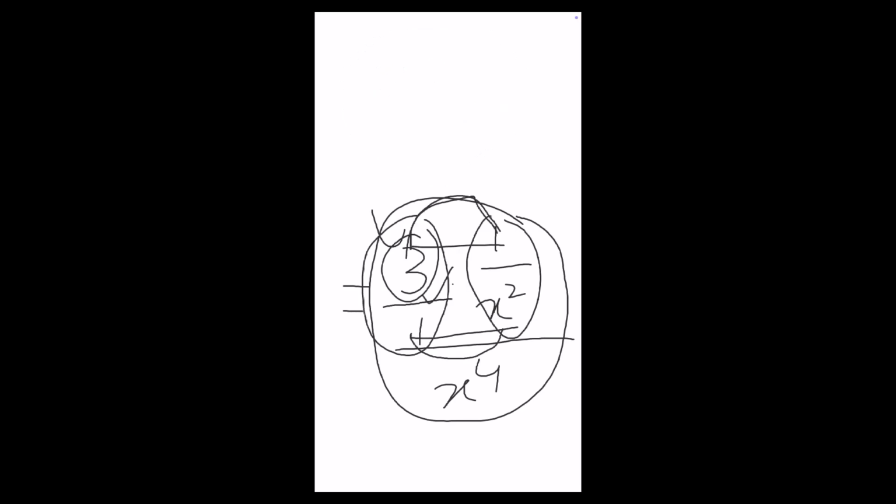It's a very straight answer. 3 divided by x raised to the power of 2, x square. Why? Because we have 1 multiplied with x squared, so it has become x squared.